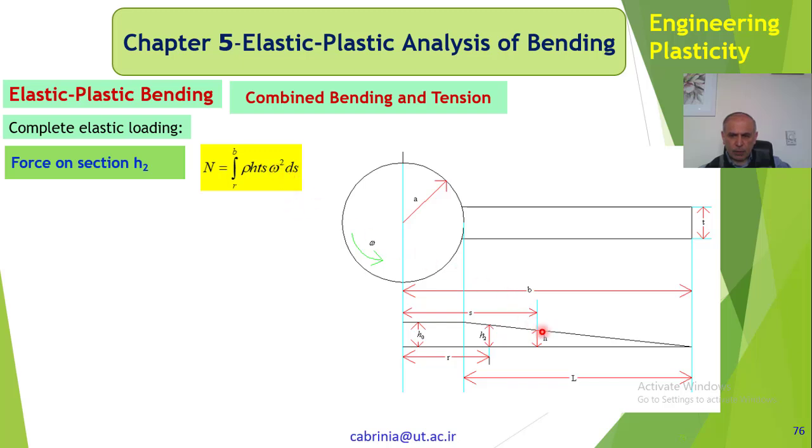And this dS, because we are taking an element, and this is a triangular shape, we take this element here and then integrate it between r, which is this distance, and b, which is this distance.